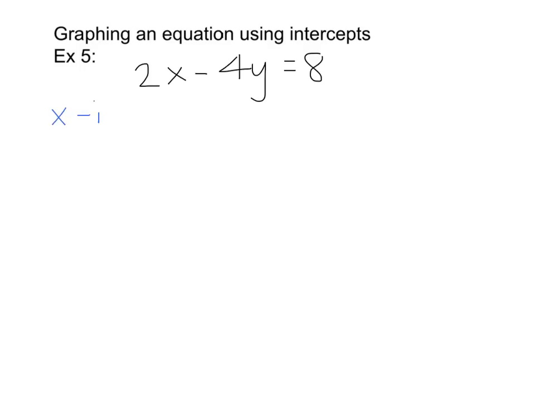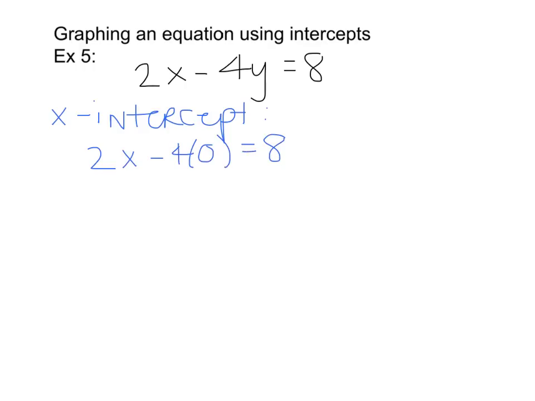So if we want to find our x-intercept, we have to plug 0 in for y, because I want to see where it crosses my x-axis. So -4 times 0 is 0. So I have 2x equals 8. And then if I divide both sides by 2, I have x equals 4. So my x-intercept is the point 4, 0.